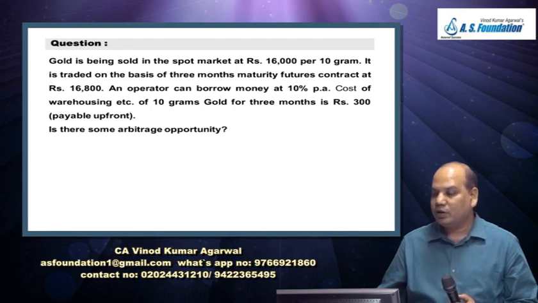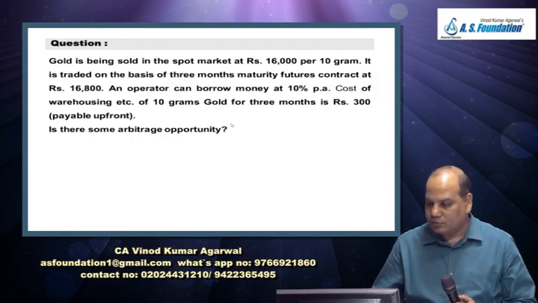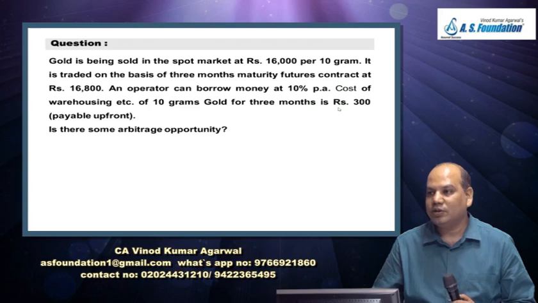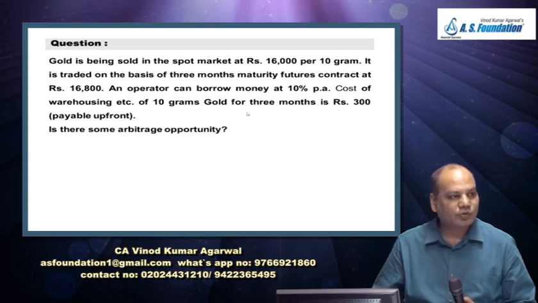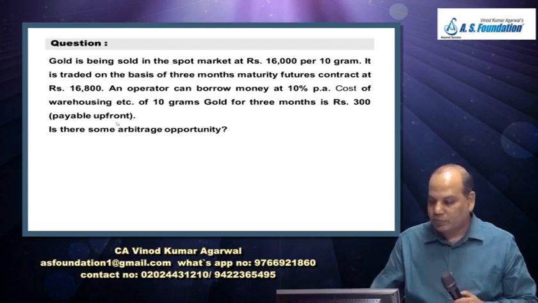What is payable upfront? It means in the beginning only. It means you have to first purchase gold for 16,000 and you have to also spend 300 rupees immediately for storage. Do not calculate present value of storage cost. It is already written payable upfront, so it is the present value. Okay, you have to pay in advance.